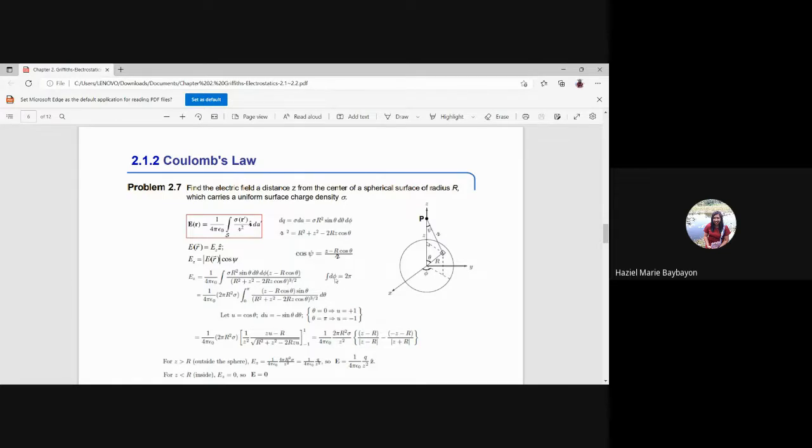So that is already solved, so we can take out 2 pi, and what is left is this one, the terms that depend on theta. So you have z minus r cosine theta times sine theta over r squared plus z squared minus 2rz cosine theta raised to the power of 3 halves. Okay, so this is a very complicated integral.